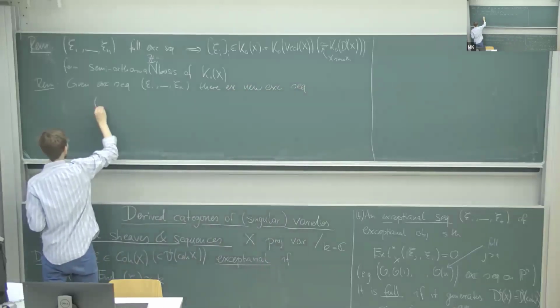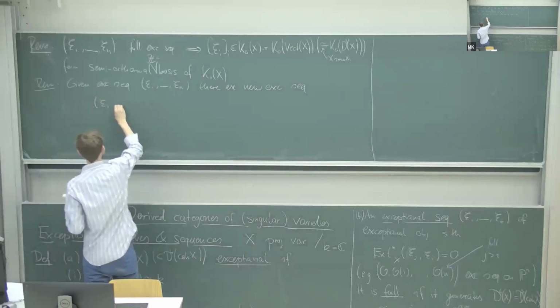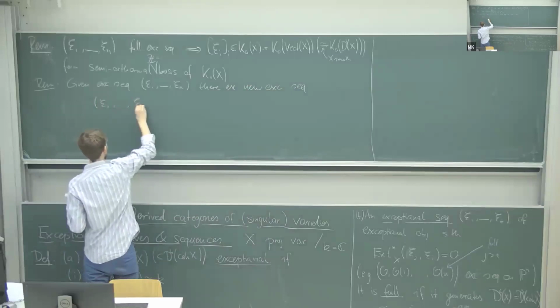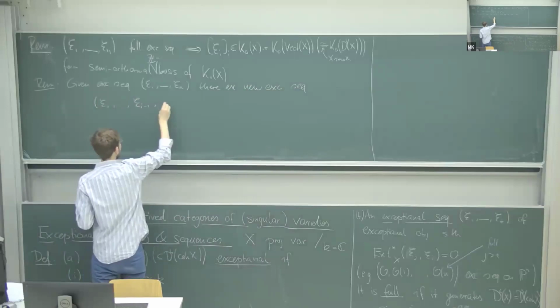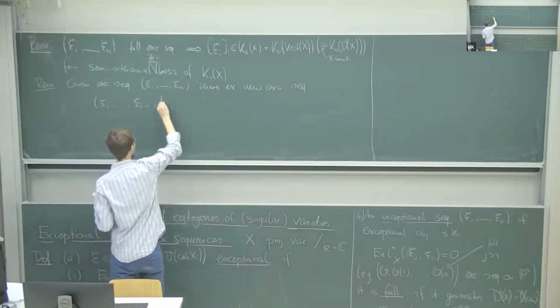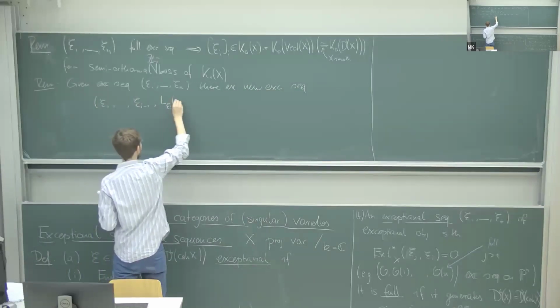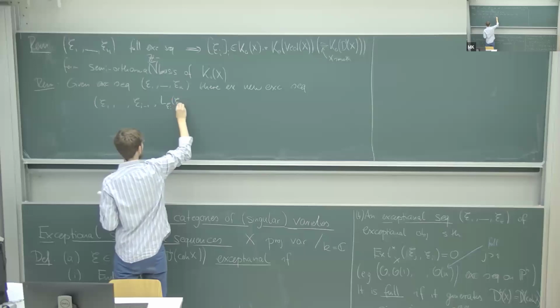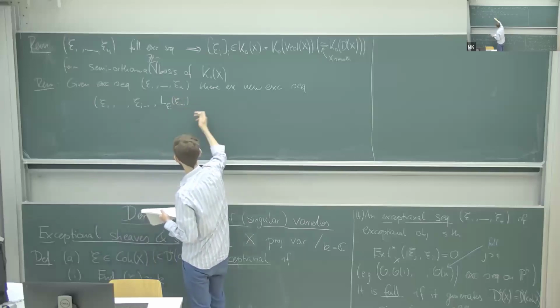There's one where we go up to Ei minus 1. Then here we would have Ei usually, but now we replace it by something that is called the mutation of Ei plus 1 across Ei, the left mutation.